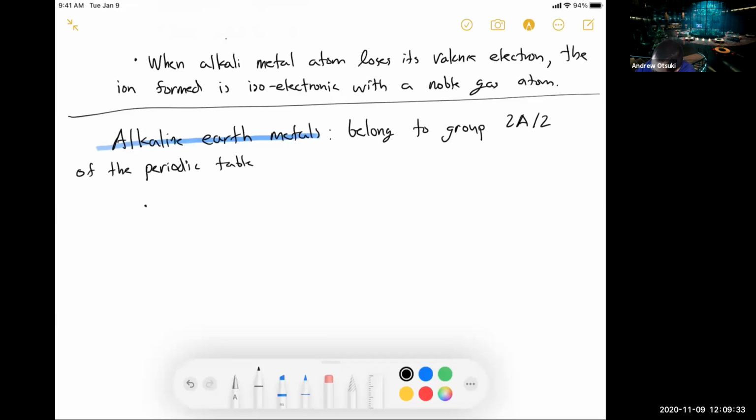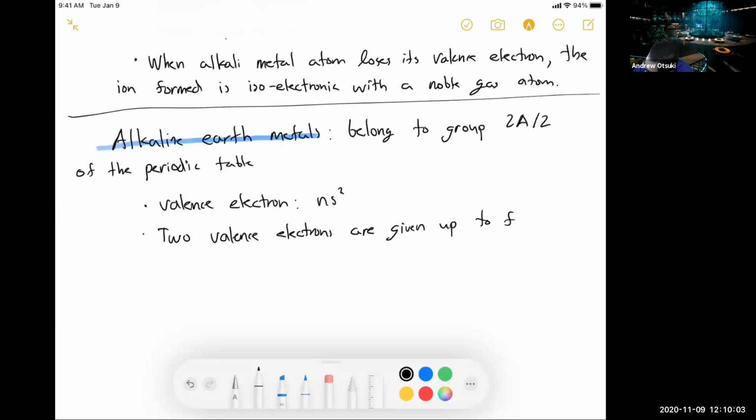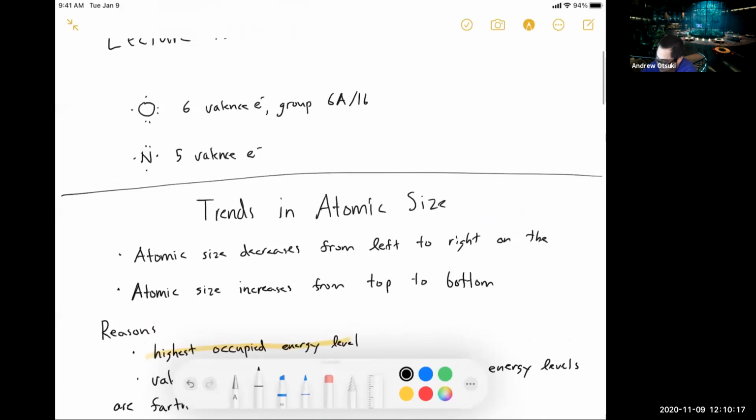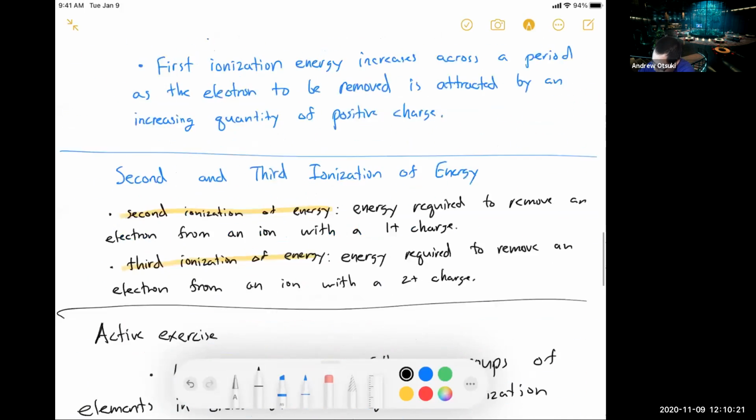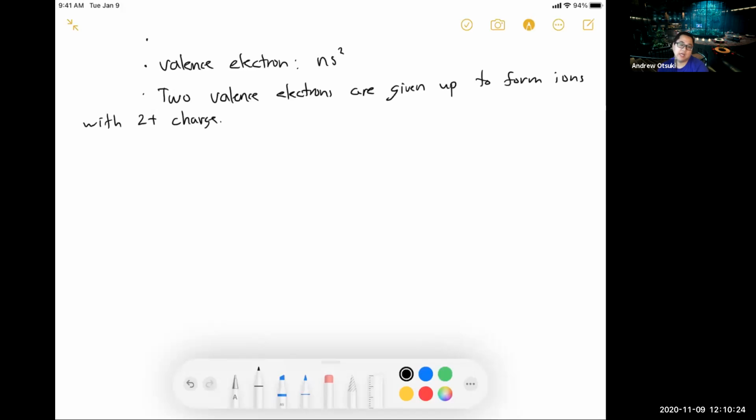Some properties: valence electrons. We have ns2, so we have a filled s shell, and then 2 valence electrons that are given up to form ions with a 2+ charge.